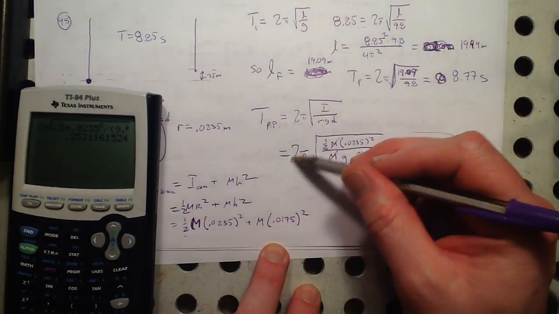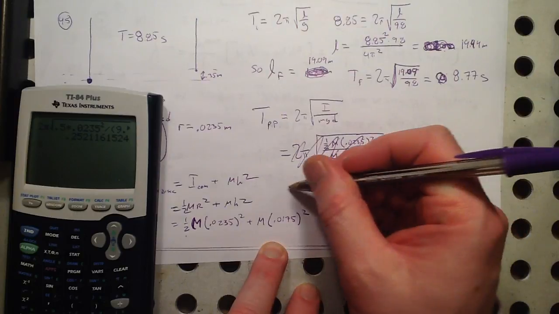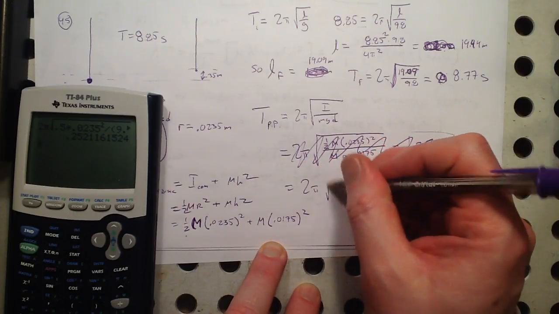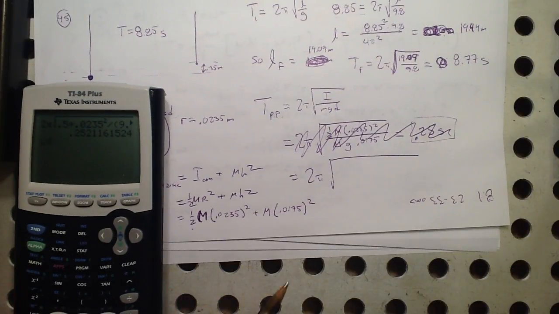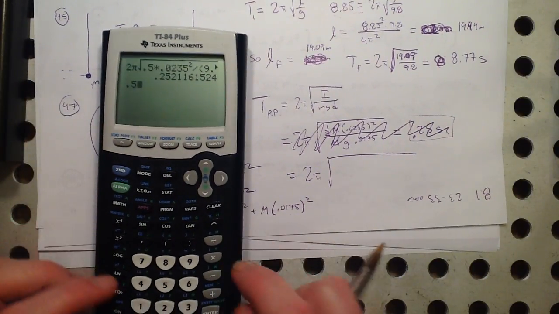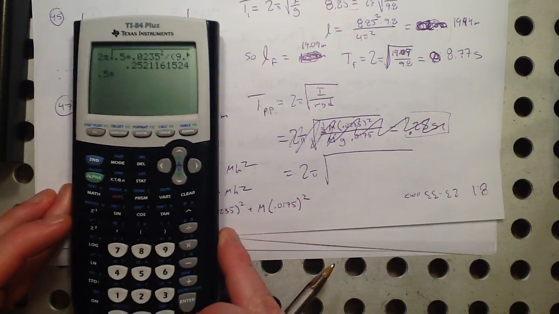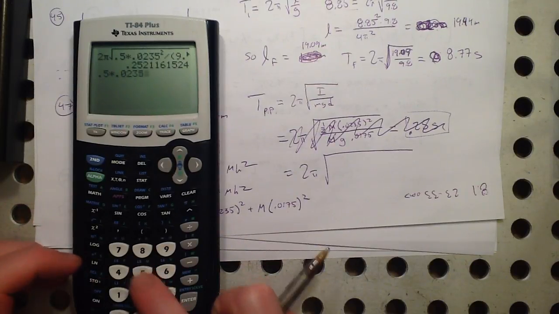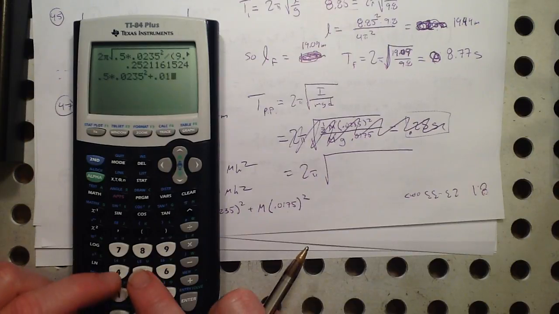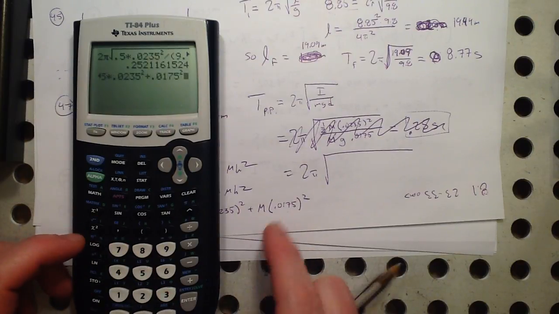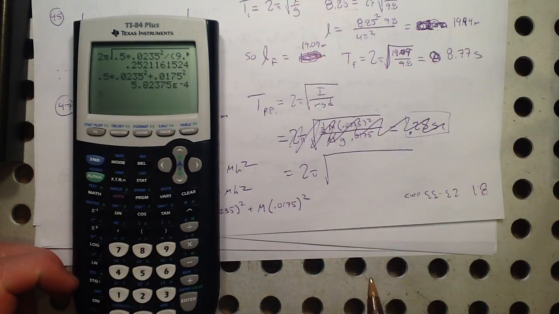So it's 2 pi times the square root of 1/2 times 0.0235 squared plus 0.0175 squared. I'm just doing this as the coefficient of the m.